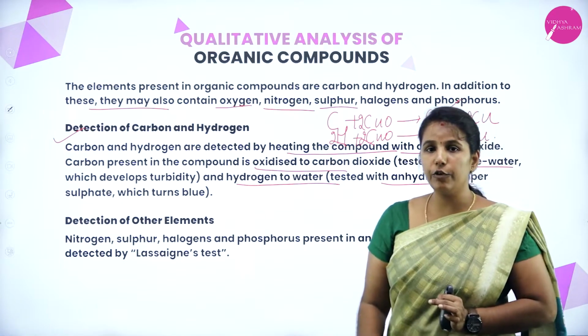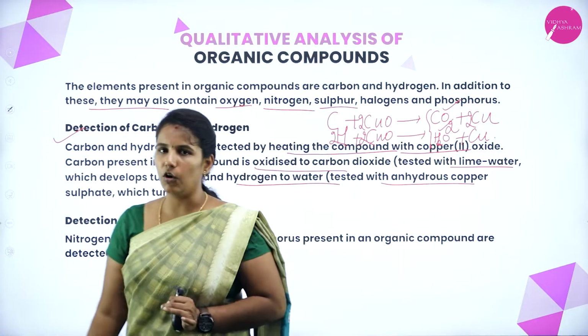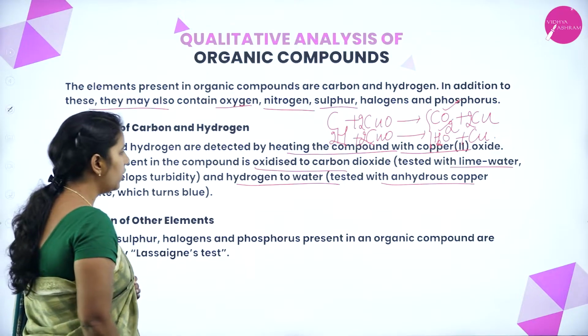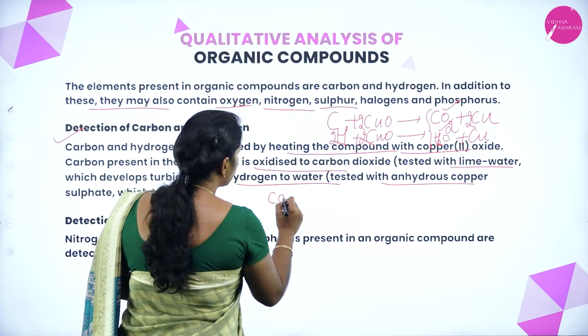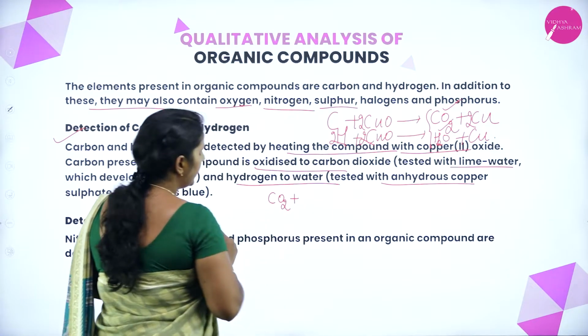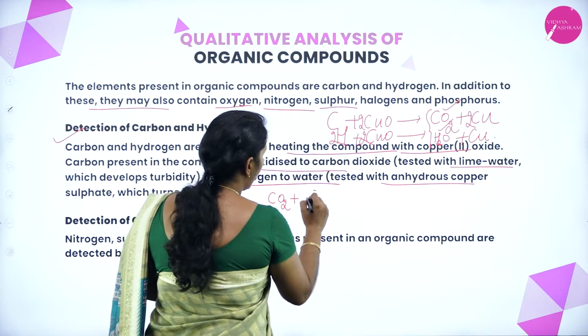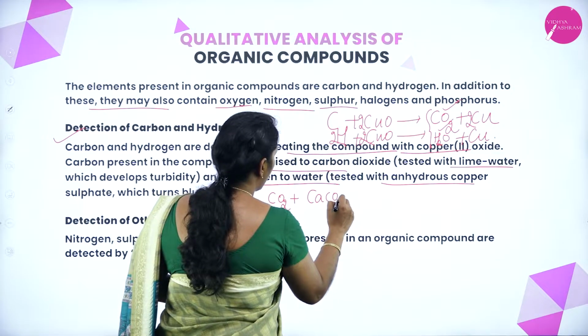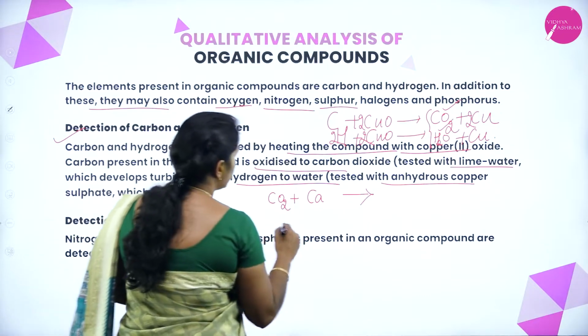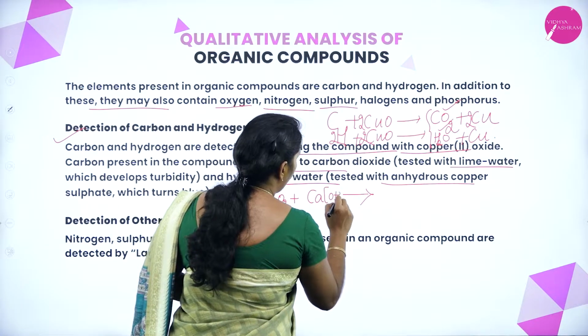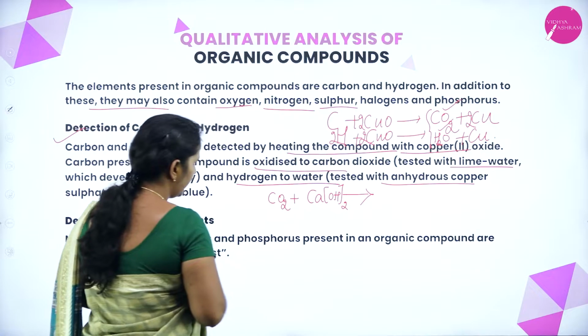But we need to confirm that the carbon dioxide and the water molecule have been formed. Correct, no? So, that is why we allow this carbon dioxide to react with the lime water. Lime water is nothing but calcium hydroxide.